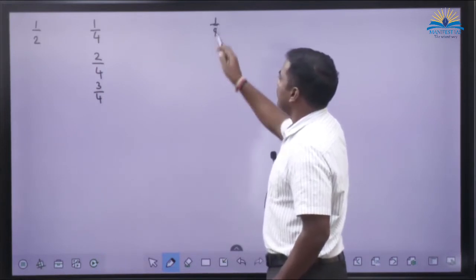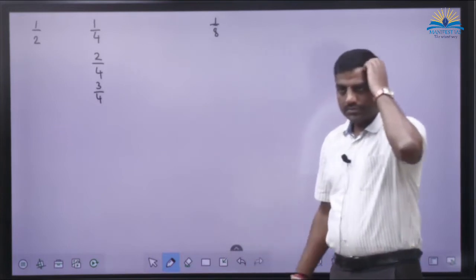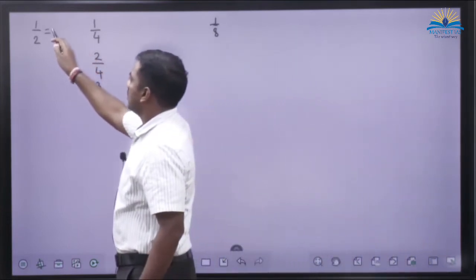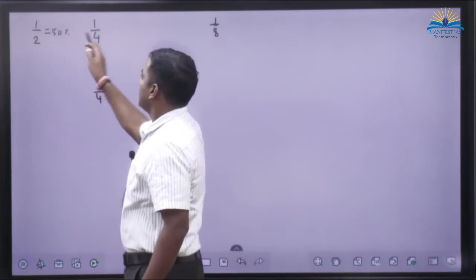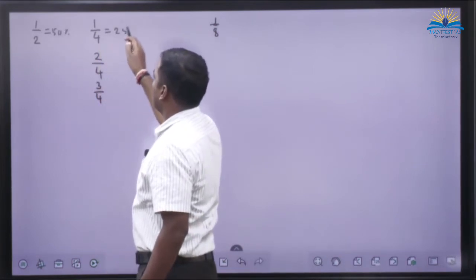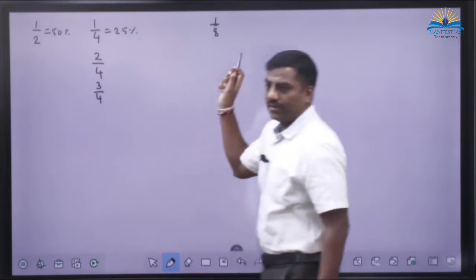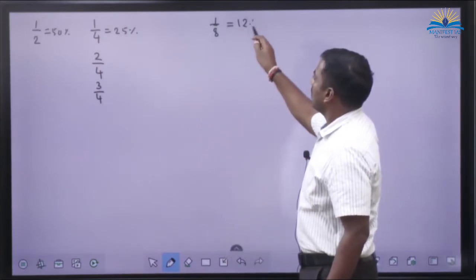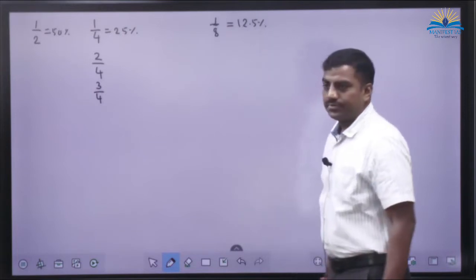Then similarly, 1 by 8. See, this is 50%. This is 25%. Half of this is 1 by 8, right? This is equal to 12.5%.